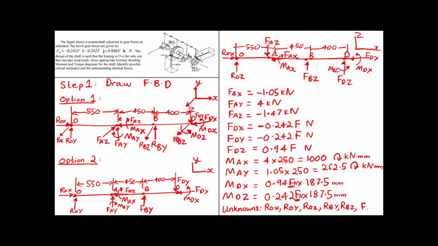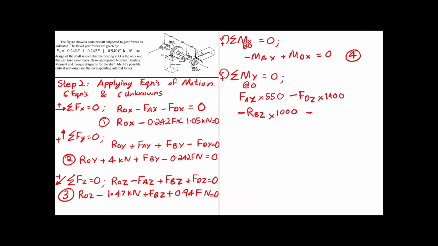We don't have any other moment about the y-axis from this free body diagram. So that is minus MAY equals 0. So that is equation number 5.